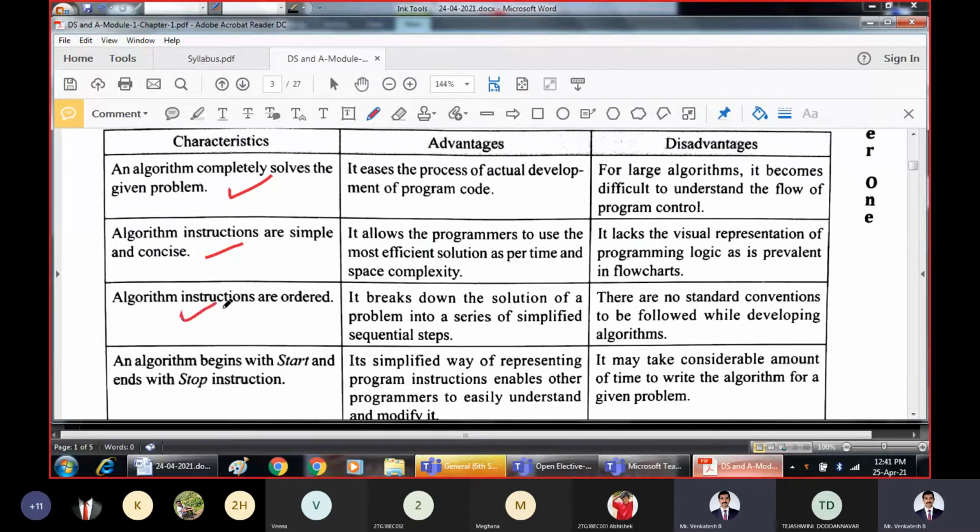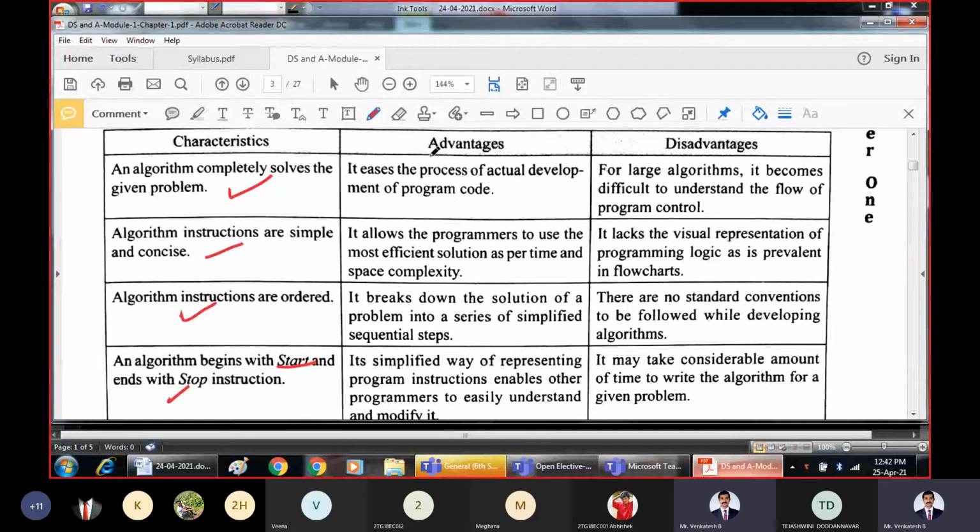And those instructions must be ordered. That means you should follow some predefined sequence, then only you can get across the solution. And as I said, it always begins with the start and always ends with the stop instruction. These are some of the characteristics of the algorithm.